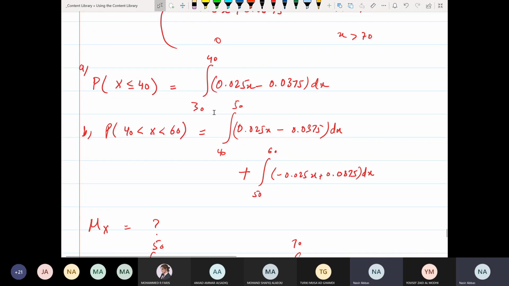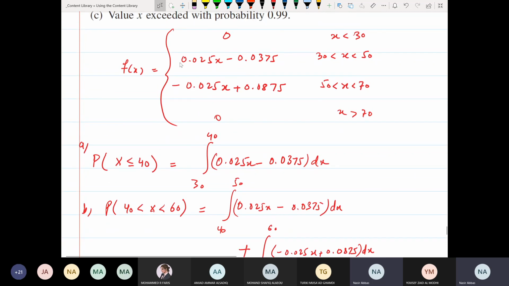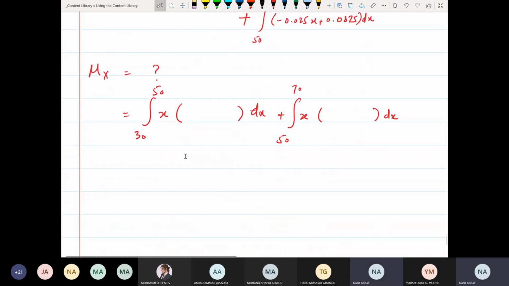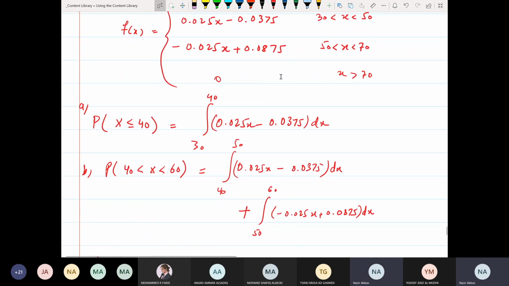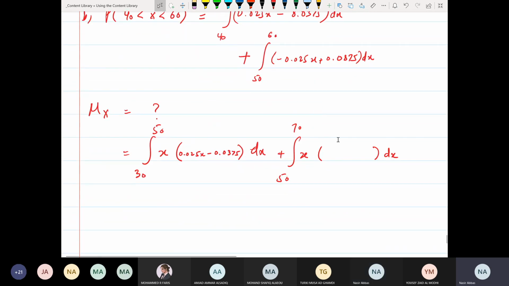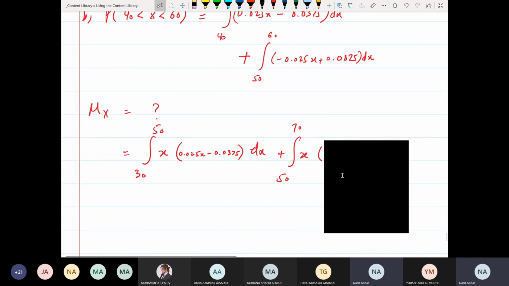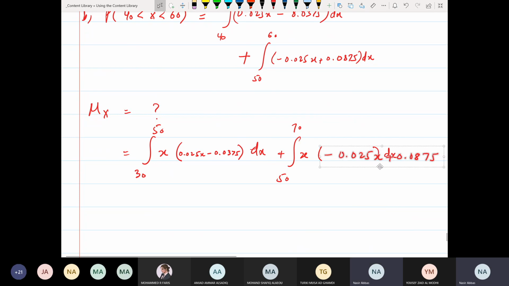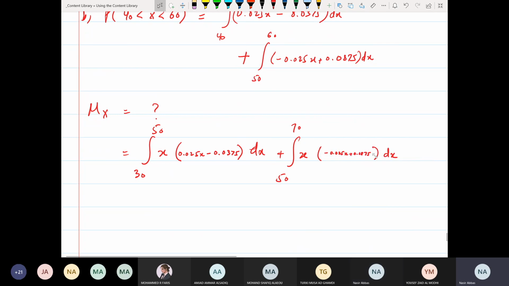In the first bracket, the PDF of first domain will come, and in the second bracket, the second PDF will come. And the overall answer of this thing will be your mean.